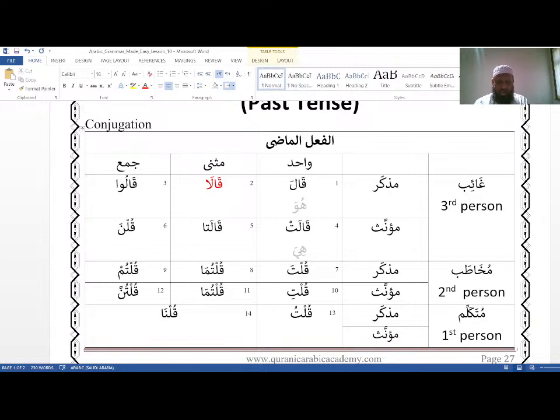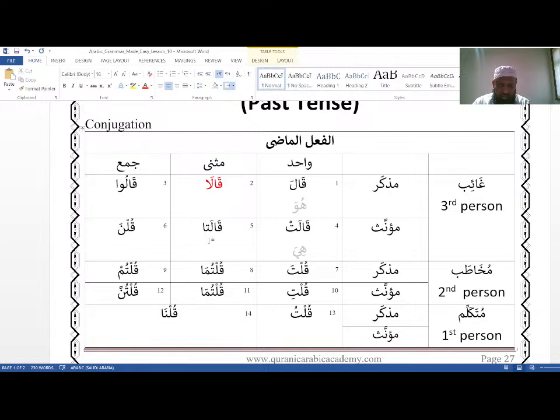So this is the chart of أجوف of al-fi'l al-madi. Let's go through it. Memorize al-madi of أجوف. قال, قالا, قالوا, قالت, قالتا, قلنا.